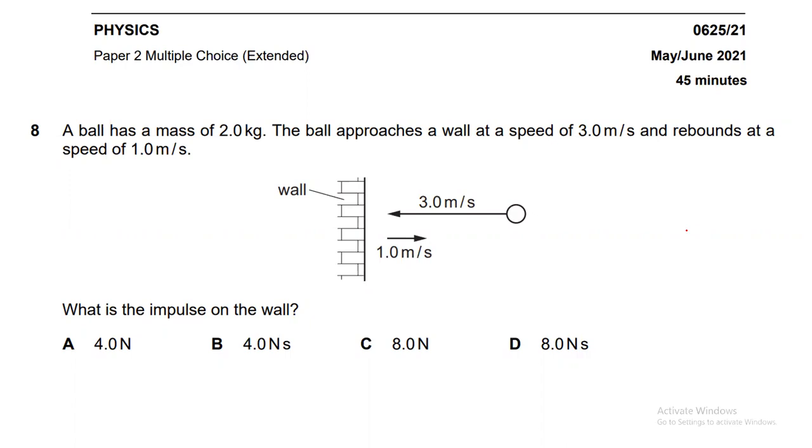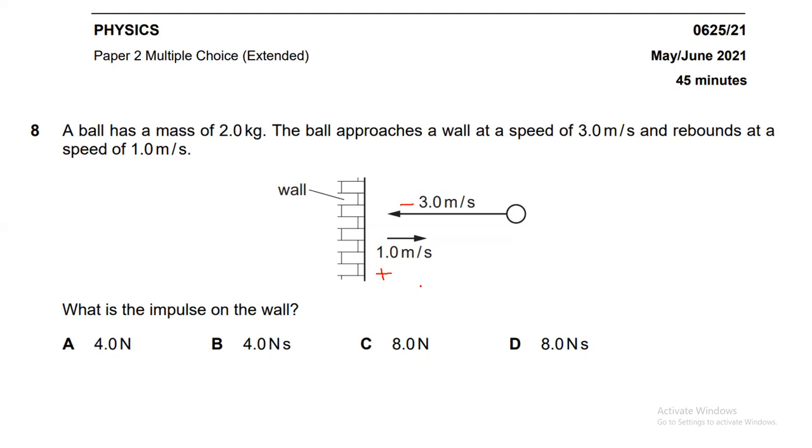The ball approaches a wall at a speed of 3 meters per second and rebounds at a speed of 1 meter per second. Suppose that going towards the wall is negative and going away from the wall is positive. So what is the impulse on the wall?